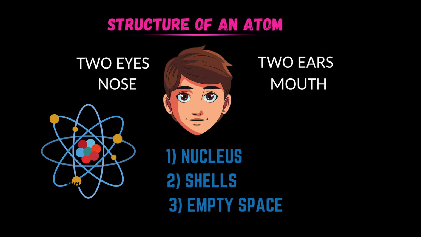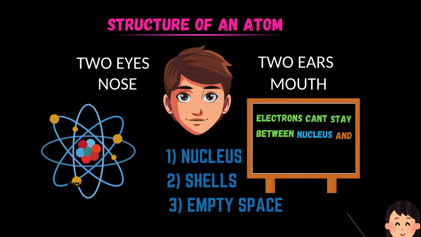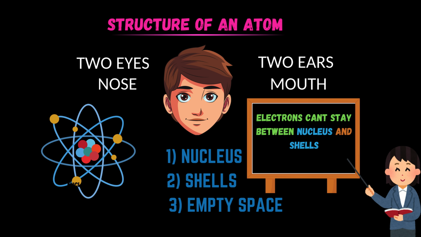90% of the space in an atom is empty space. Remember that electrons fly around the nucleus in fixed paths, just like planets revolve around the sun. Remember that an electron cannot stay between the nucleus and a shell. They have to rotate in a fixed path or shell.